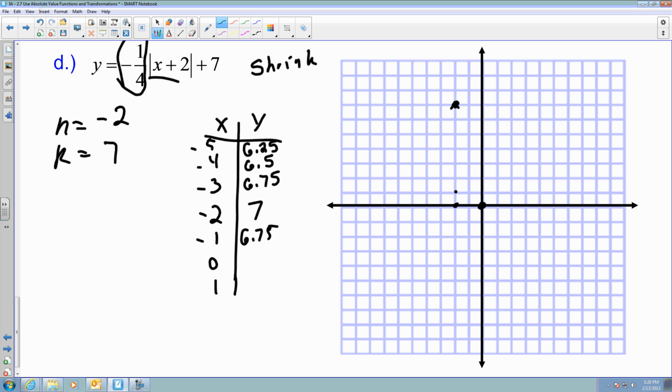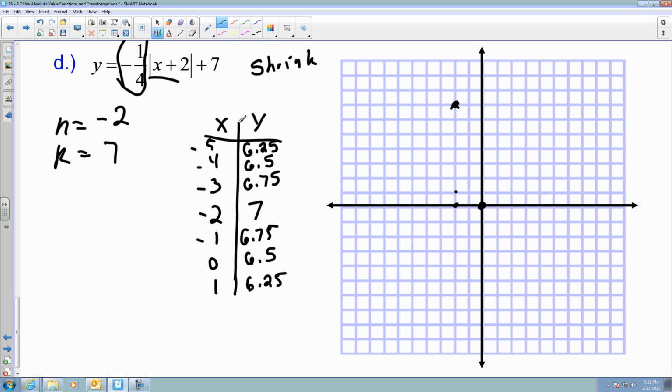Absolute value of 2 is positive 2. 2 times a -1/4 is -1/2. -1/2 plus 7 gives me 6.5. And for 1, 1 plus 2 is 3. Absolute value of 3 is 3. 3 times -1/4 gives me a -3/4. -3/4 plus 7 gives me 6.25.